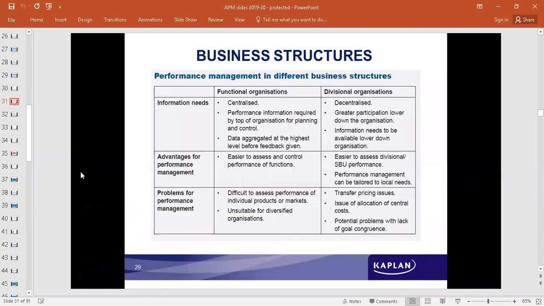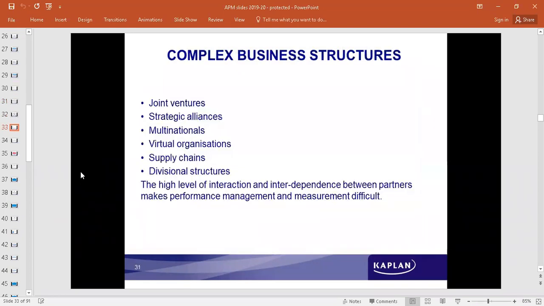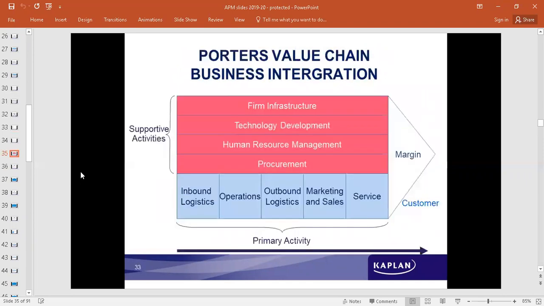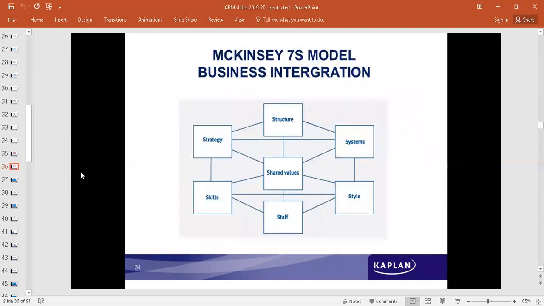Then we've learned about what are the different business structures, the main broad classification also. We've learned about complex business structures, characteristics of services. I told you that we will take up a case study, but maybe after 2 weeks or so, we will take up a case study on services. Porter's value chain, we don't have an exclusive case study, but McKinsey, we have just now read through that.